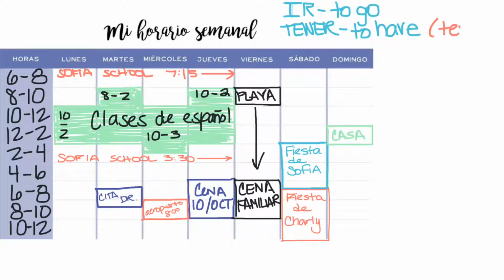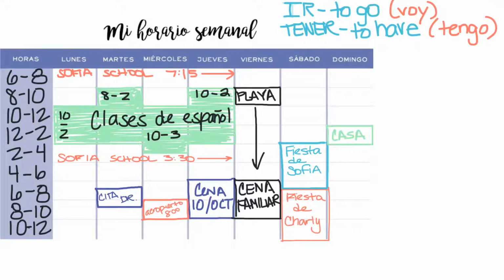These are both irregular verbs, so they're both ones that we have to memorize, but they're worth it because they're so often used. So voy is going to mean I go, or I am going to, and tengo is I have.